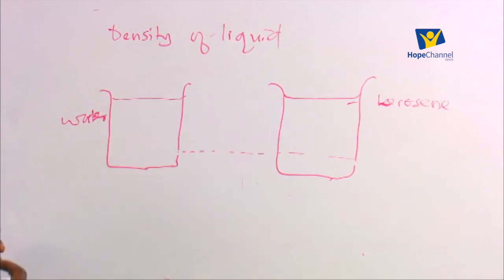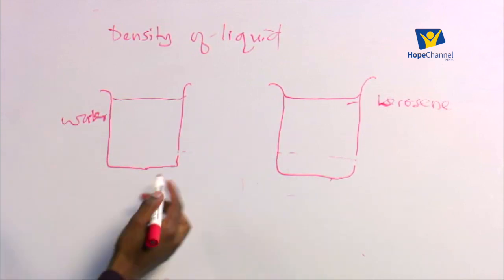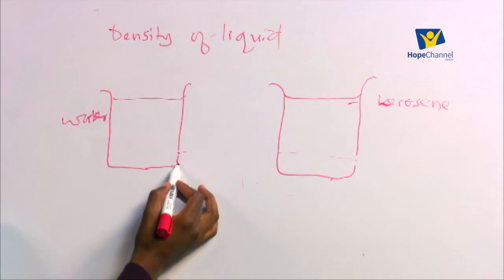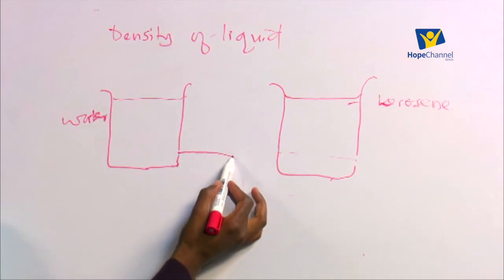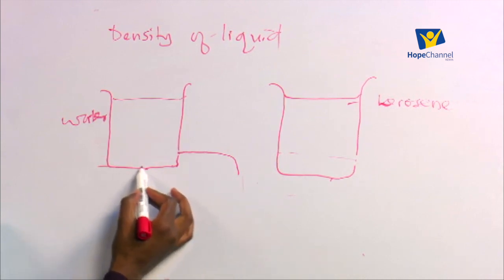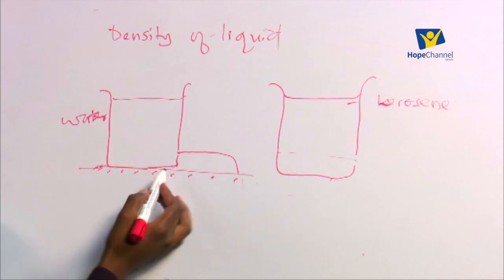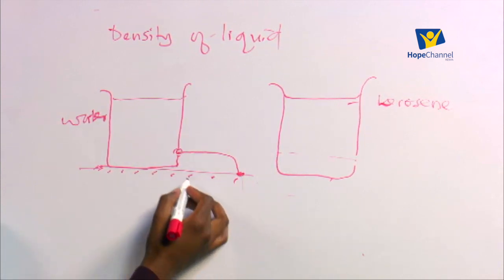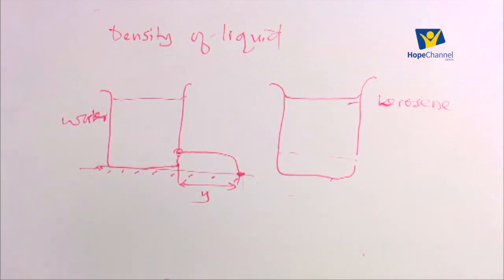Now, one thing we are going to learn with this setup is we only see the maximum distance at which the jet is going to land away from the beaker. So for water, the jet is going to come out, it's going to land somewhere on the table. We consider the distance from the beaker to where the jet is going to land. Let that distance for water be x. And then we do the same thing for the second one.